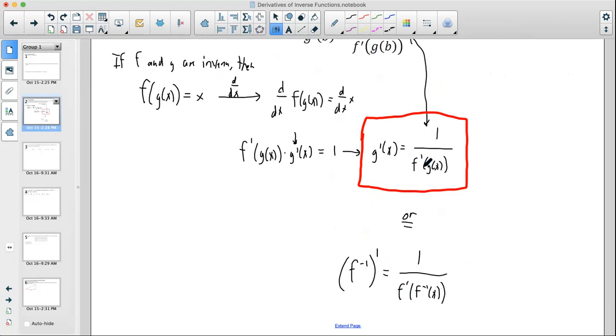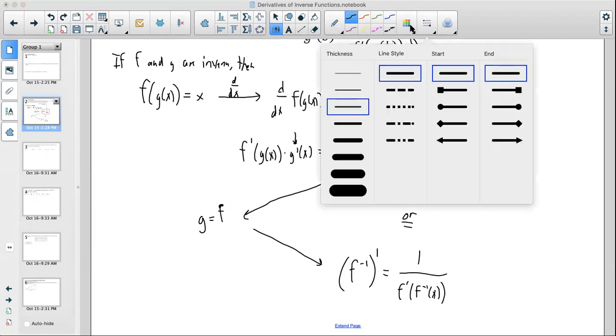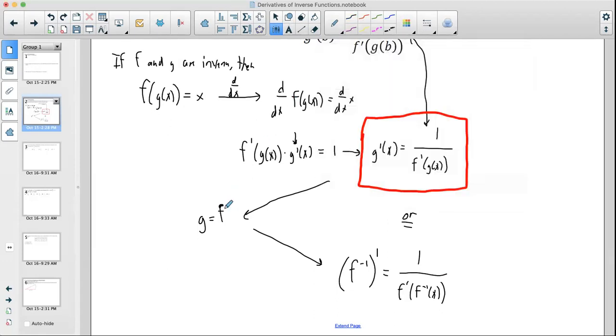These are the same formula, but I'm replacing g with f inverse. I take the formula g prime equals 1 over f prime at g, and replace g with f inverse. Sorry, that's confusing, I should have written that g is f inverse. So if I just replace g with f inverse, I get this formula instead of that one.